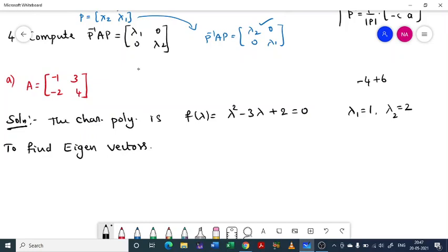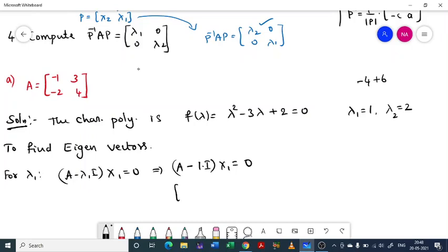So for lambda 1, A minus lambda 1 into I into x1 equal to 0 implies A minus 1 into I into x1 equal to 0. That is, you have to subtract 1 from diagonal entries of A, right?